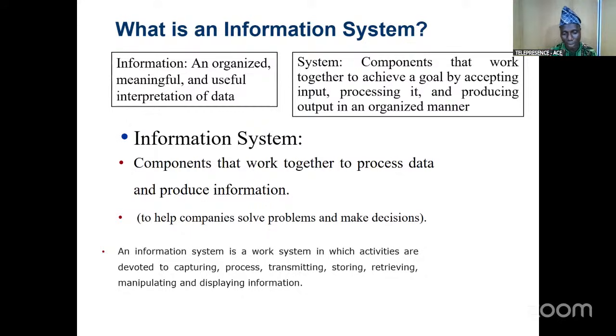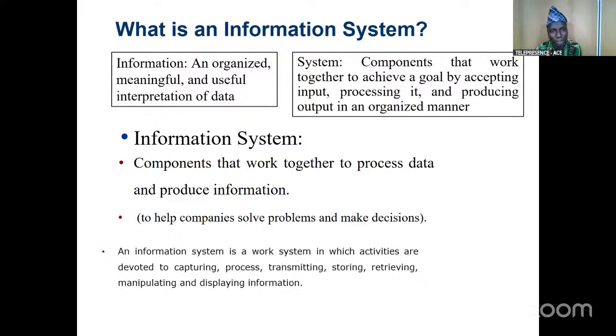Information system is a work system in which activities are devoted to capturing, processing, transmitting, storing, retrieving, manipulating, and displaying information. These components work together to process data and produce information to help companies solve problems and make decisions.